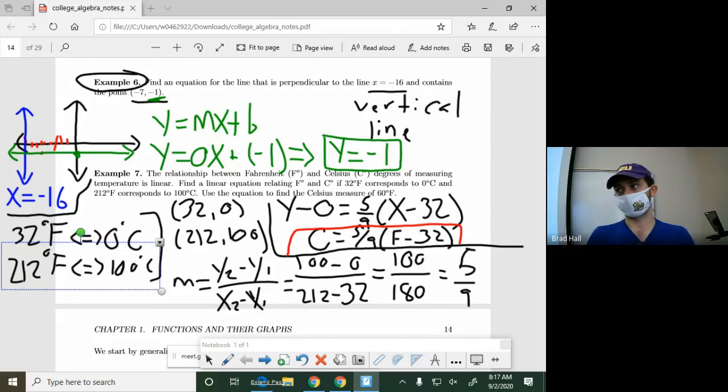Yes? How do you determine which, either Fahrenheit or Celsius, you're going to put with X or Y? Generally, it's an arbitrary choice. Either one could be X or Y. It really doesn't matter. But in your homework, they set up the problem weird to make you think that one is X and one is Y, but the answers are multiple choice.